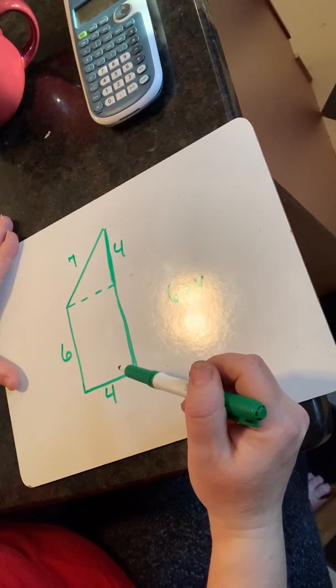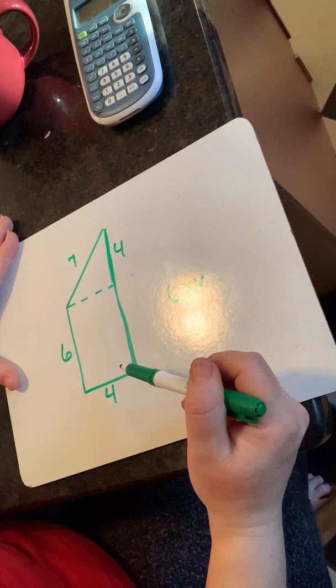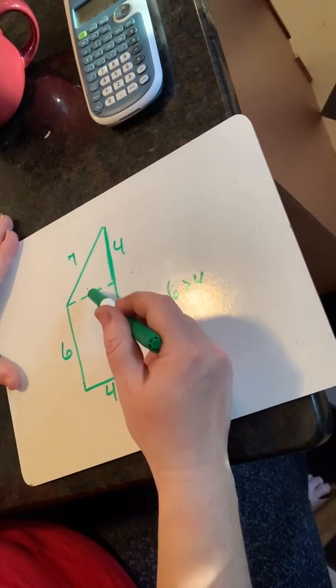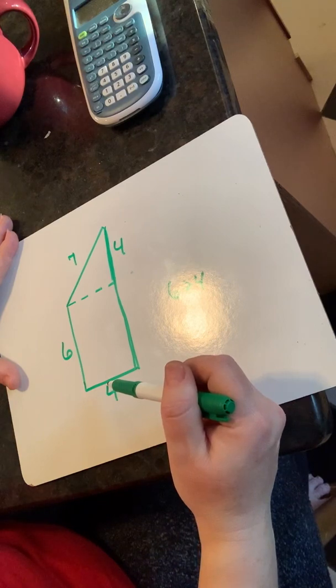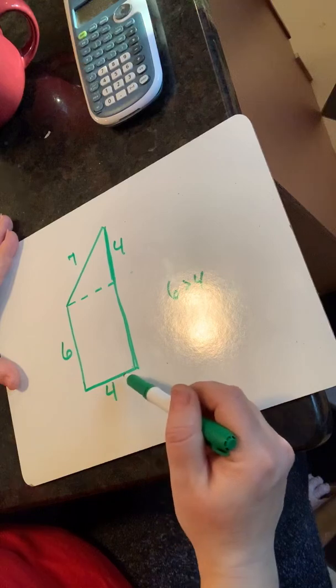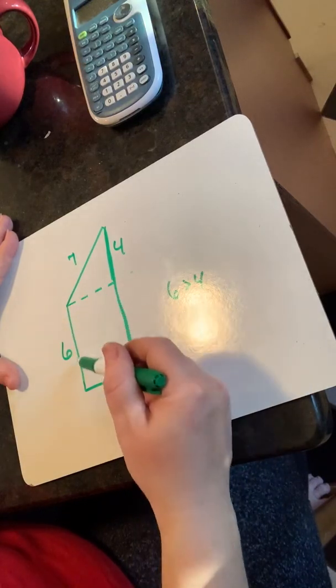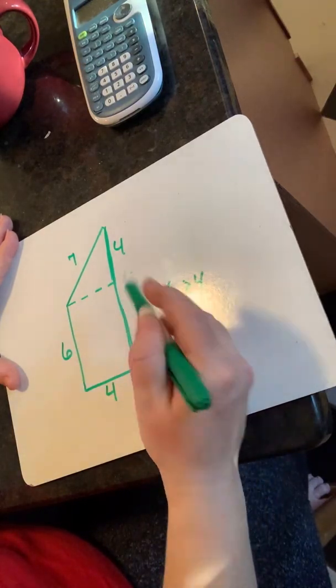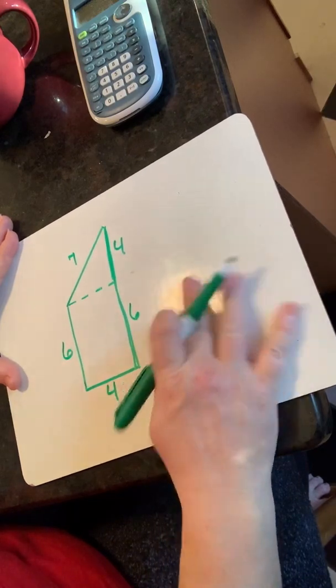So there is a missing measurement. My rules with rectangles state that opposite sides are parallel, but they're also the same measurement. So this line here is 4 because this is 4. Since this side here is 6, this side here has to be 6.